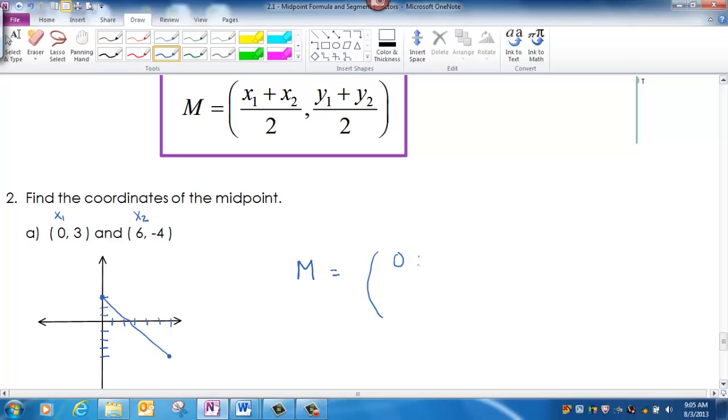So 0 plus 6 and then divide it by 2. Okay, and then do the same thing for the y's. We'll find the middle y coordinate. So we've got our first y and our second y. So we're going to add those together. 3 plus negative 4 and divide that by 2.